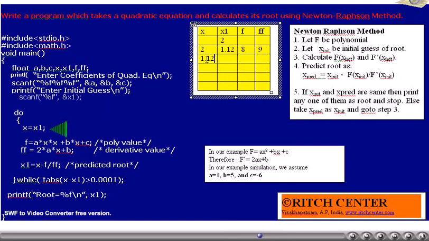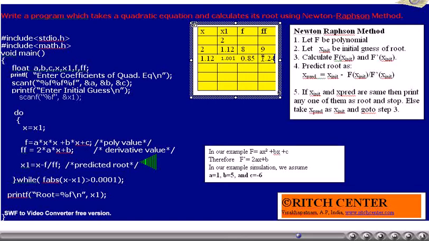The predicted value of the root, that is the x1 value, is assigned to x. The polynomial value at x, that is 1.12, is calculated. Thus, the f value becomes 0.85. The derivative value at x, that is 1.12, is calculated. It will become 7.24.